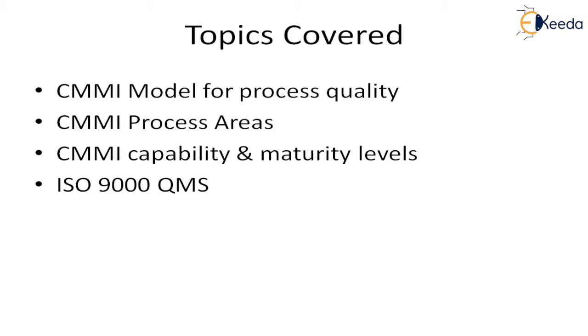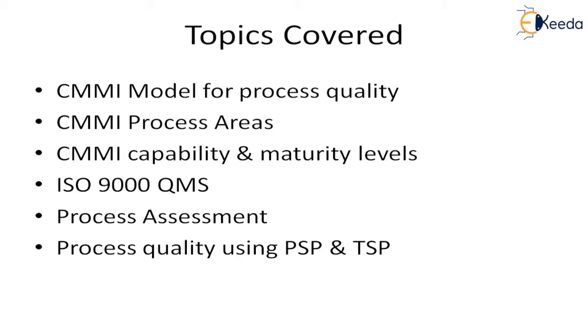Then we will cover the ISO 9000 quality management system, the process assessments for an organization, and then we will deal with two other quality systems, PSP and TSP, which help in establishing process quality.